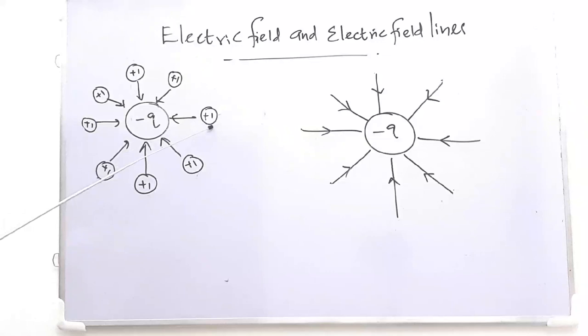If you consider this charge, it will move along this path. If you consider this charge, it will move along this path like this. So that means these are the electric lines of force of this negative charge. So these field lines are spherically symmetric, just like those of the positively charged particle.